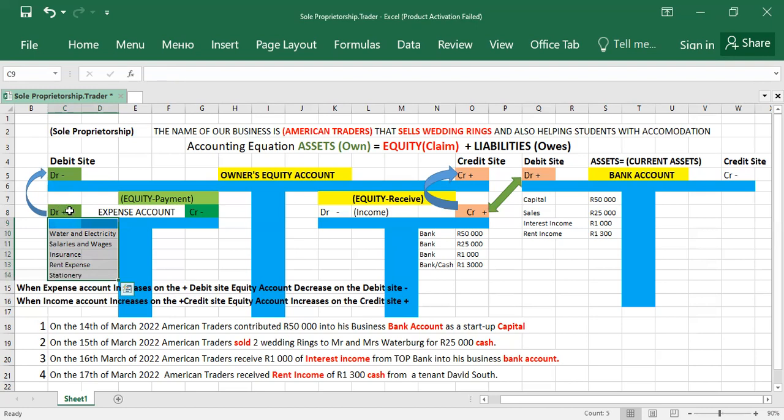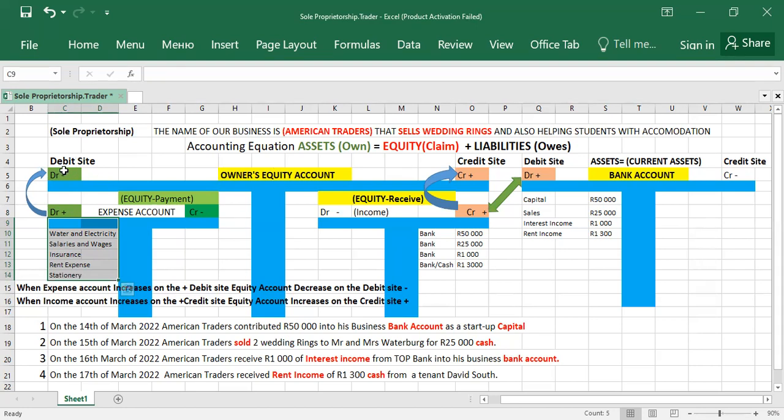However, when the business pays for these expenses, what happens with the expense account? The expense account will increase on the debit side, and once it increases on the debit side, it will decrease the owner's equity on the debit side. How will the owner of the business feel?